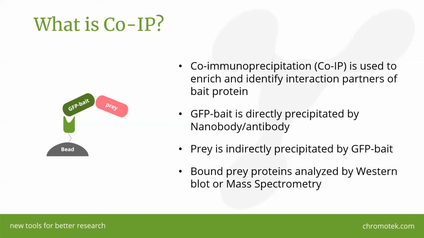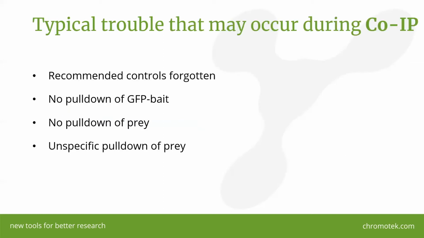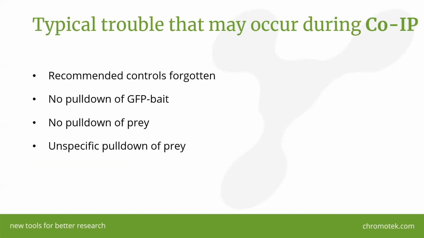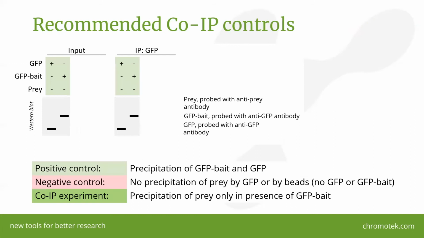The GFP-bait is directly precipitated, and the bound prey proteins are then subsequently analyzed by Western blot or by mass spectrometry. Again, I would like to make a short introduction on controls, and then we add 3 different problems: no pull down of the GFP-bait, no pull down of prey, and unspecific pull down of prey.